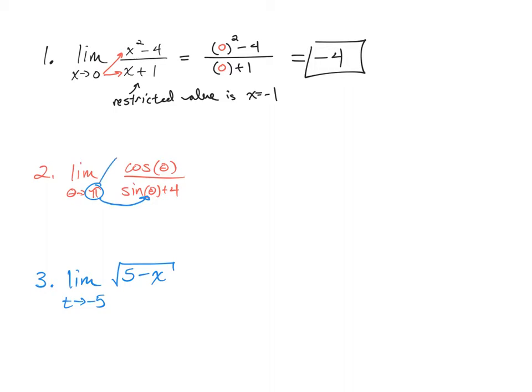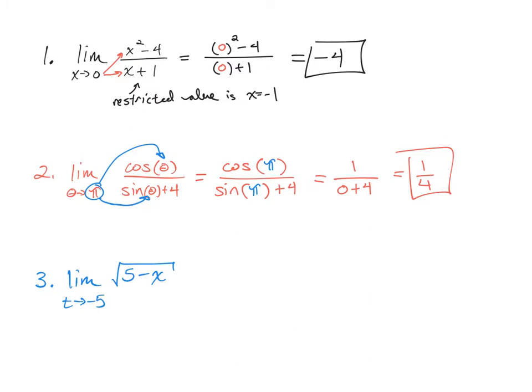It does not result in a division by 0. So this will be the cosine of pi all over the sine of pi plus 4. And when you evaluate the cosine of pi, you'll get -1. And when you evaluate the sine of pi, you'll get 0 plus 4, which gives you -1/4.